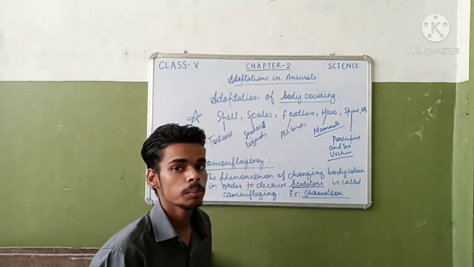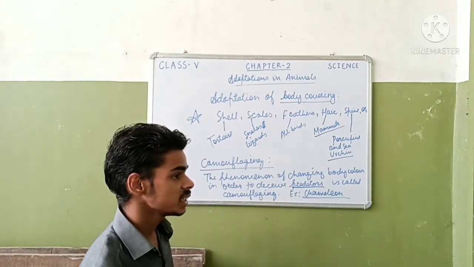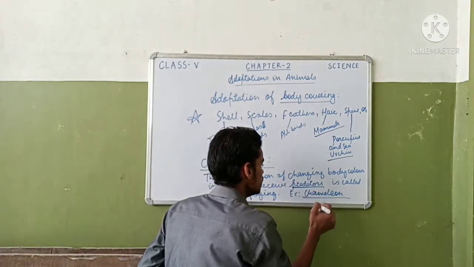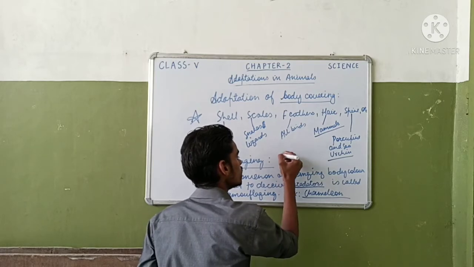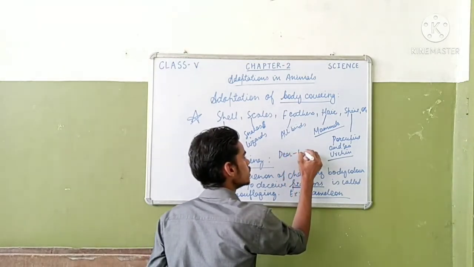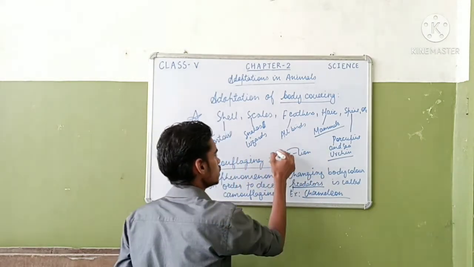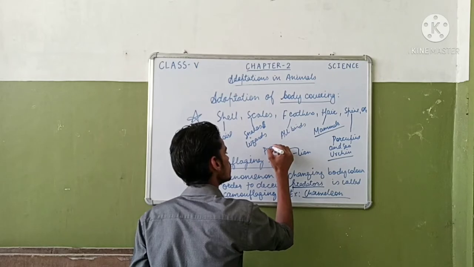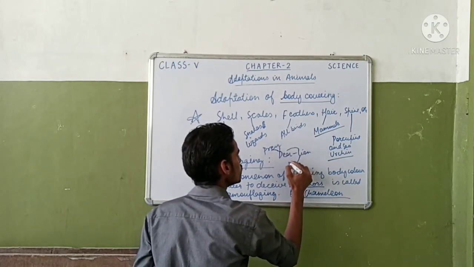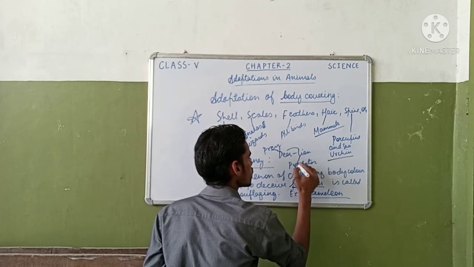Predators means animals that prey. Let's understand the term predator through an example, like deer and lion. Lion eats deer, so deer is the prey and lion is the predator. Clear?